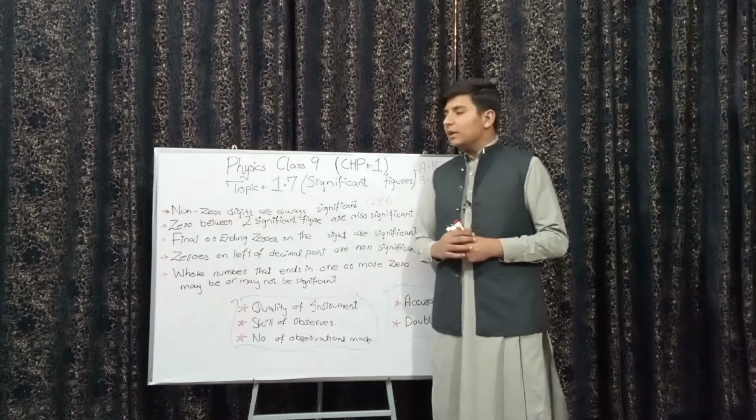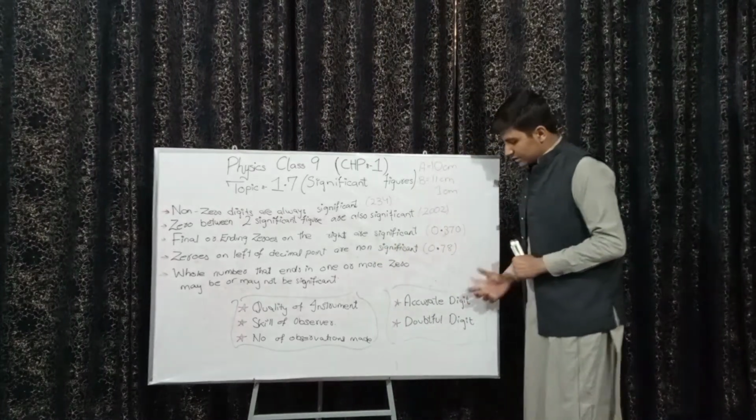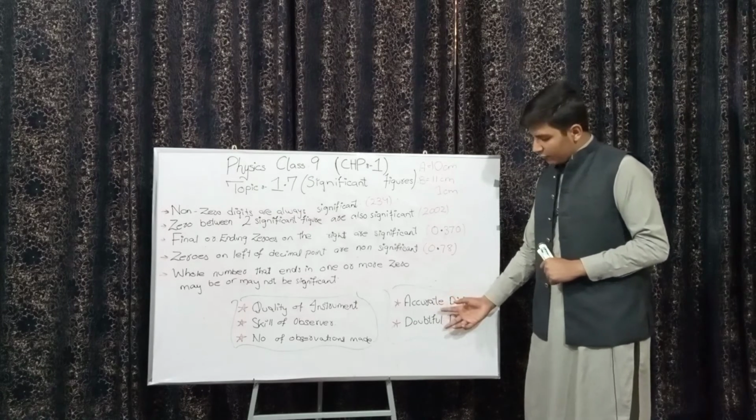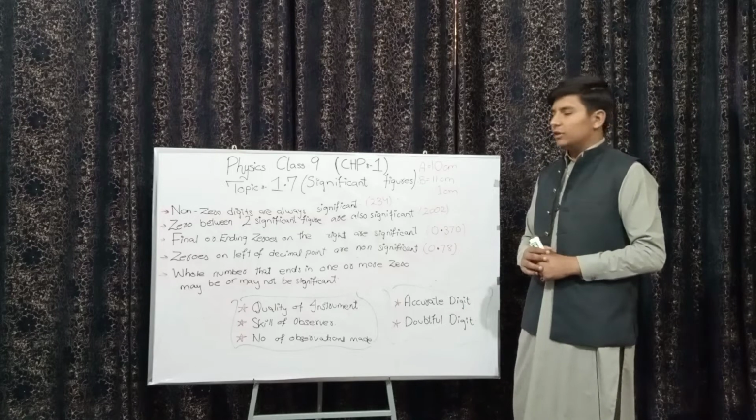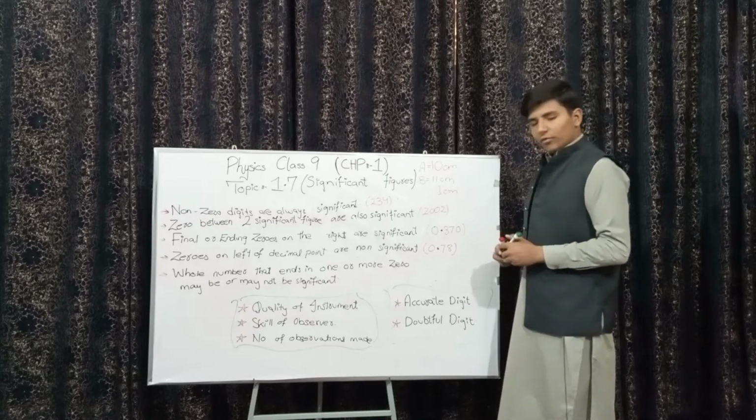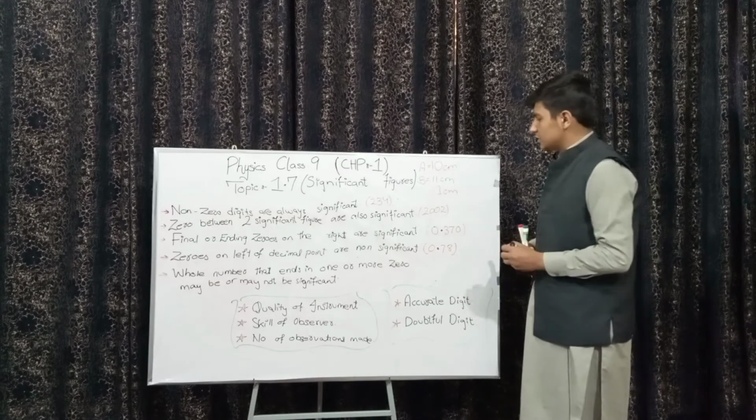Now, I'll be coming to the topic that in significant figures, if we take a measurement of anything, we'll find accurate digit and doubtful digit. There are two types of digits. One will be accurate digit and one will be the doubtful digit.